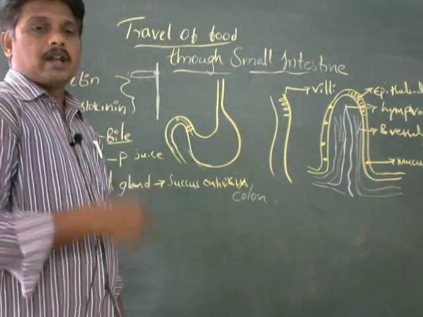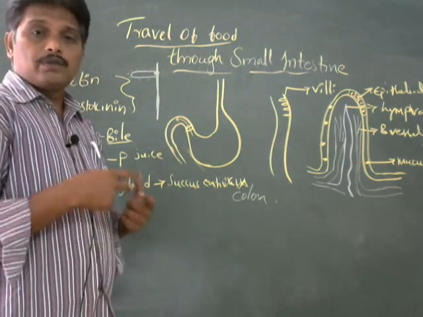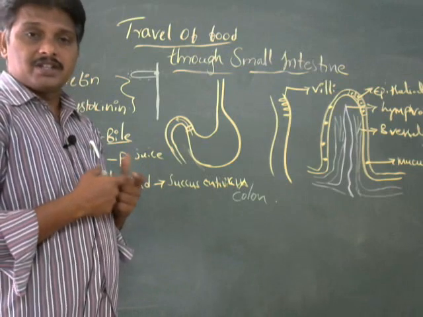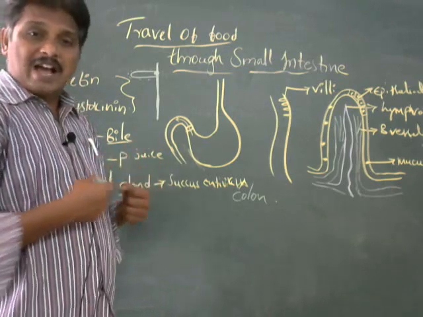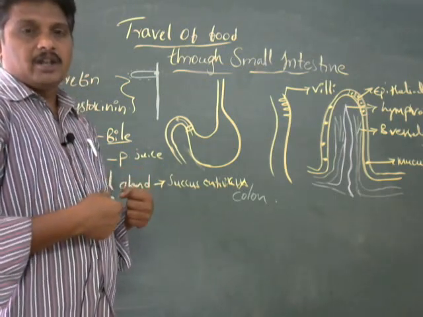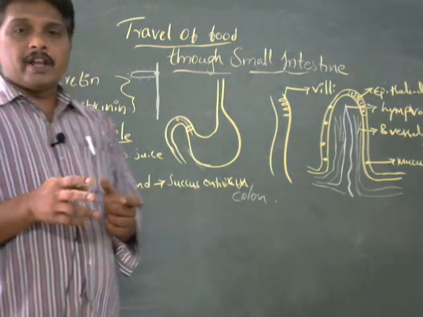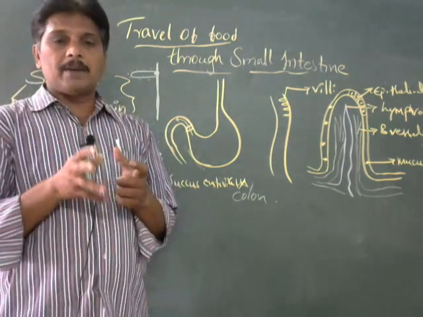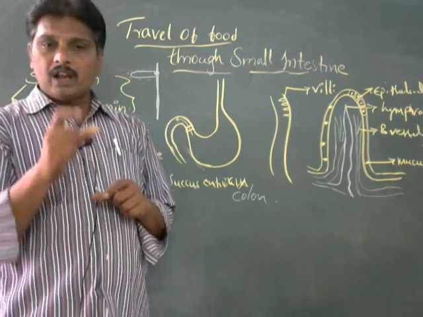When it enters the large intestine, the excess water and useful salts present in that undigested food material are absorbed by the wall of the large intestine. Finally, the undigested food material becomes hard because of the absorption of water, and the hard material is called stool or fecal matter.